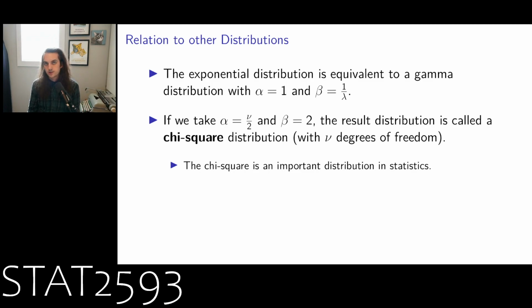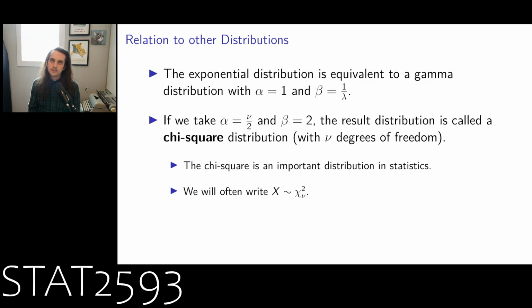The chi-square distribution comes up often in statistics. It's going to be useful for a lot of the ways that normal distributions are also useful. We're not going to look at it a ton in this course, but it's useful to know that the chi-square distribution, if you ever start hearing about it, is just a specific case of the gamma distribution.